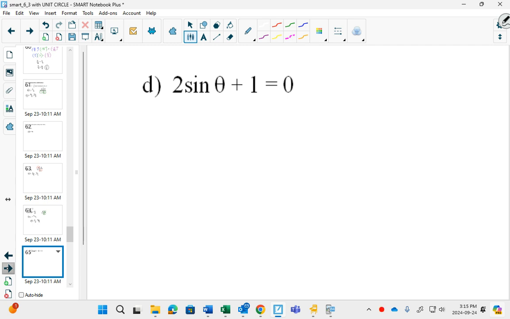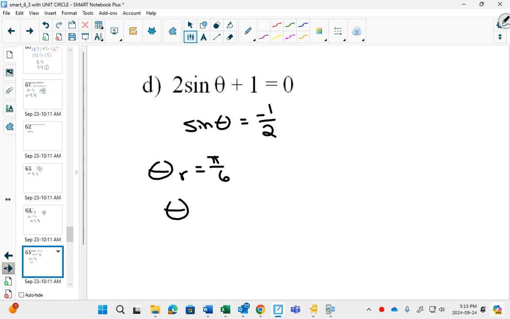Sometimes you have to do a little work, like this one. Are you okay if I move the 1 over and divide by 2 all in one step? Is that okay? What family gives sine as 1/2? 5 or 6.